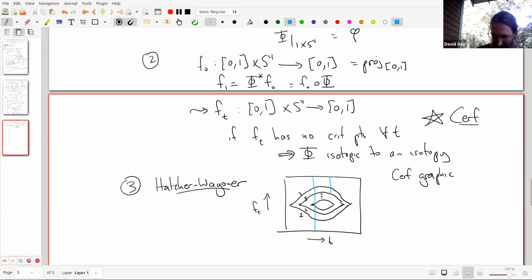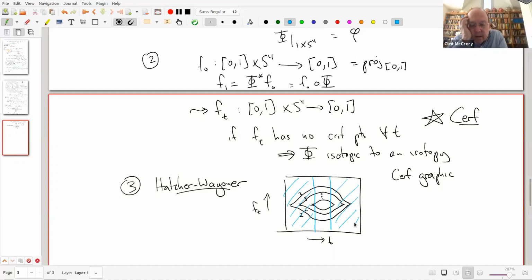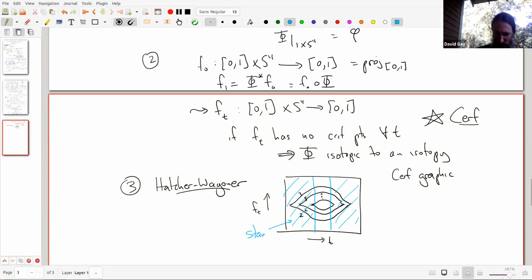The idea is that to the left and the right of these blue lines, you can sort of make everything standard. So you just have standard births and standard deaths of canceling pairs of critical points. And then the interesting stuff happens here.